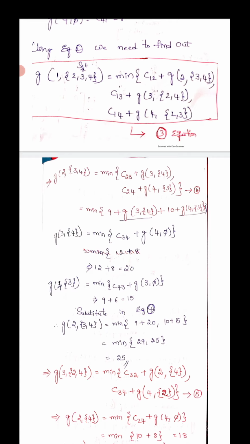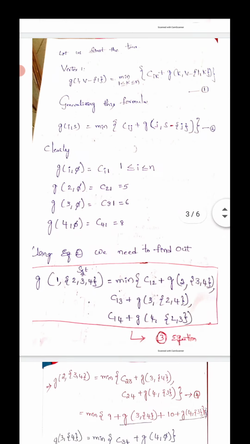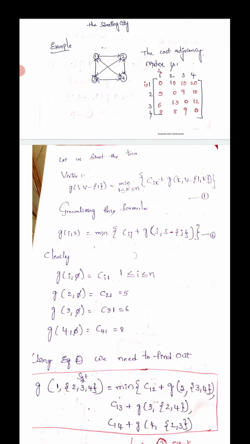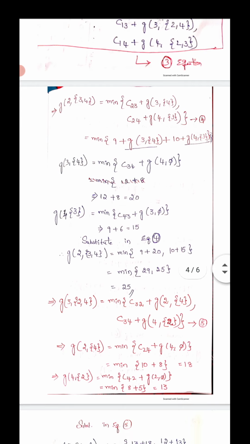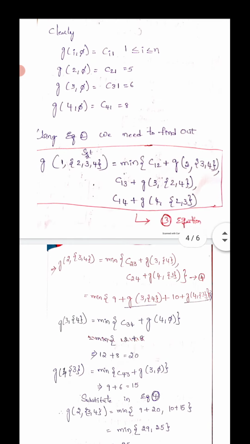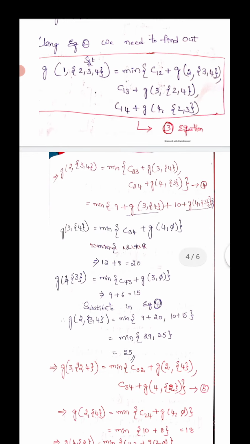Okay, that will be minimum of c suffix 3 comma 4 plus g of 4 comma 5. Now look at c suffix 3 4, in the cost adjacency matrix third row fourth column, 12 is there. That's why I place 12 plus g of 4 comma 5. Clearly, g of 4 comma 5, how much value can you get? 8. Okay, and now we get 20. Okay, g of 3 comma 4 value is 20.